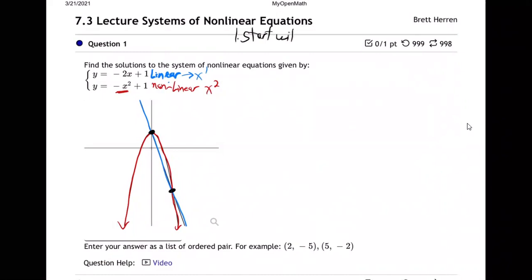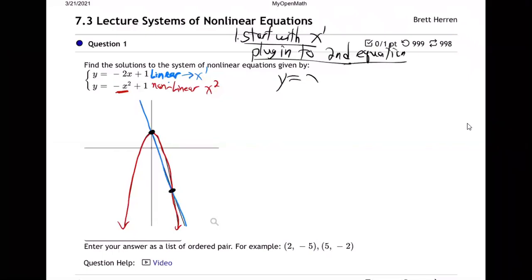Start with the x to the first power and plug it in to the second. What do I mean? Here, let me be clear. We're starting with the x first. We're going to plug it into the second equation.